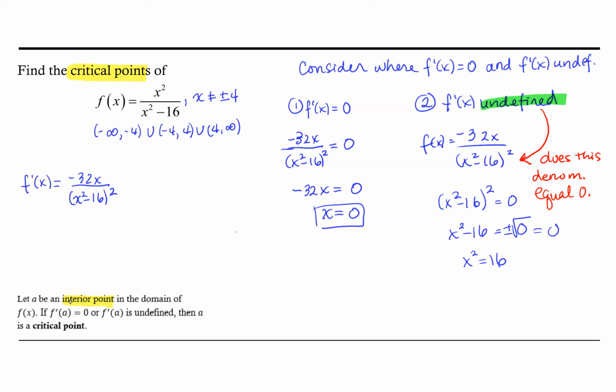Applying the square root property again, we get just x on the left equals plus or minus the square root of 16 on the right, and x equals plus or minus 4. And notice that we solved a somewhat similar equation when we were dealing with the domain of the function. So you could call these potential critical points.